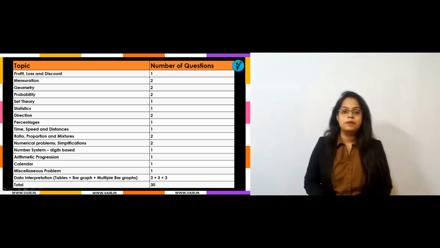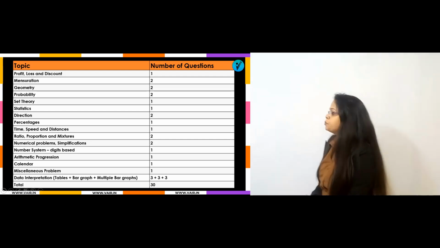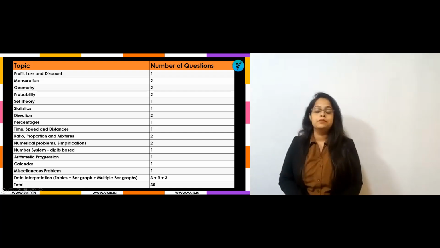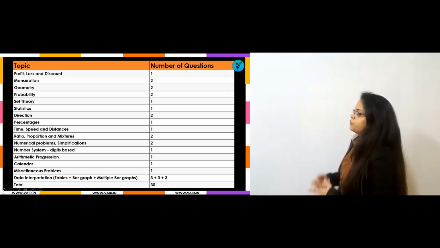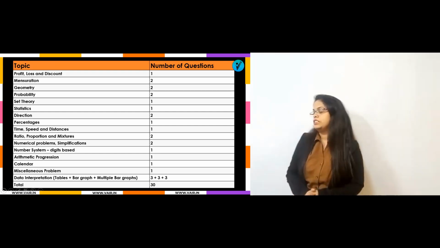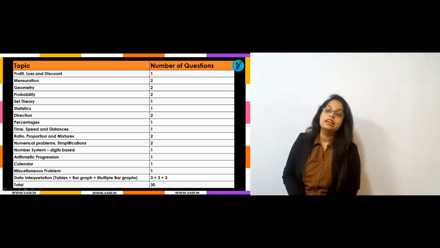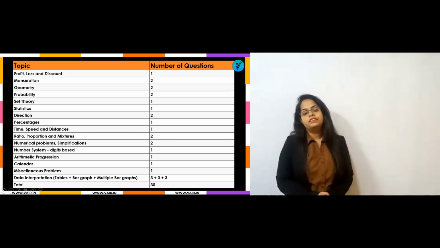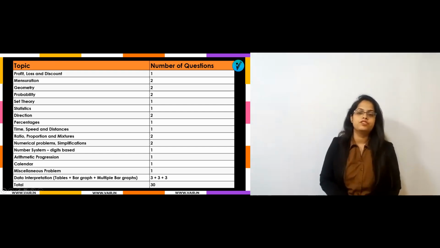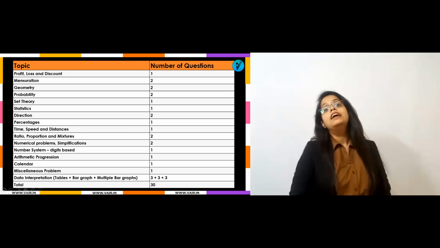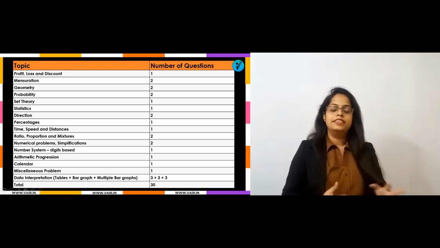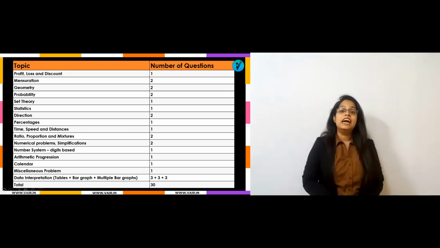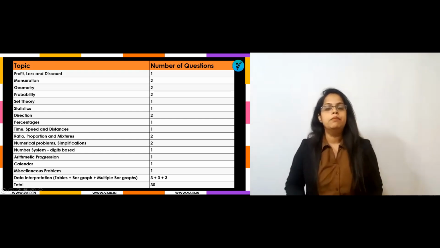Percentage was there, time speed distance question was there, ratio proportion was there, then numerical problem was there. After that, you can see a simplification based question, a number system based question, then arithmetic progression. As I said, a calendar question was there, and miscellaneous questions were there. And again, in this year, in 2023, DI was for 9 marks.